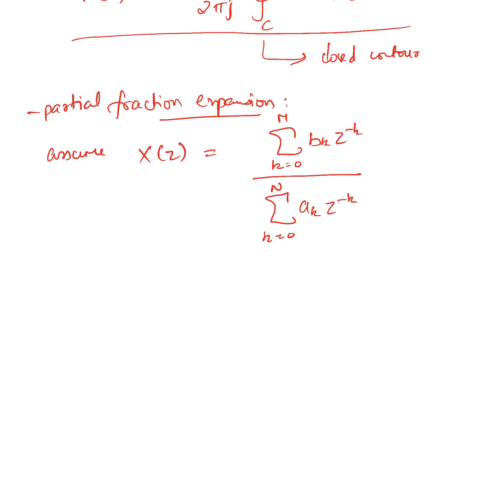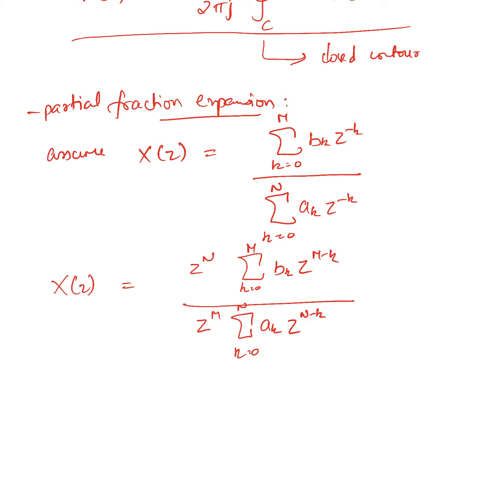So I can represent the above equation in this expression by taking z to the power n as a common factor: the sum from k equals 0 to m of b k z to the power m minus k, and z to the power n, the sum from k equals 0 to n of a k z to the power n minus k.